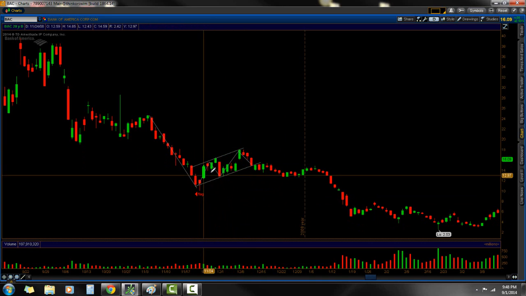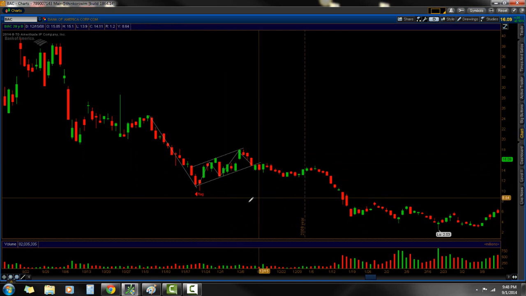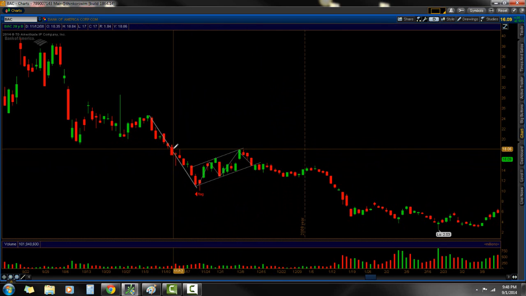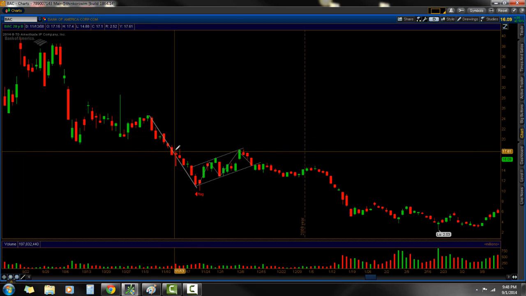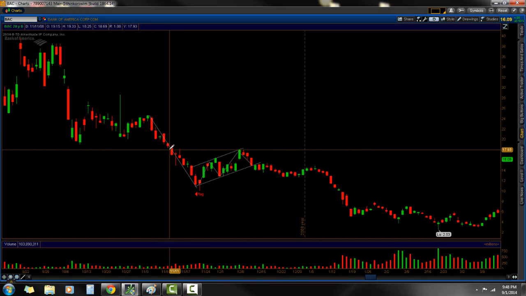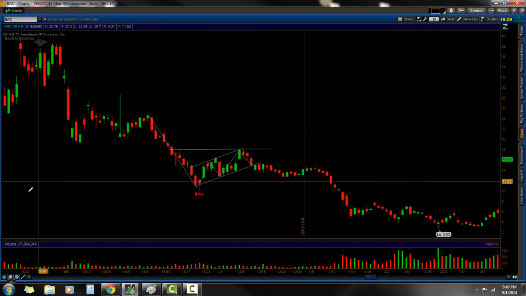A little too much black space, but see if we can fill that in with a better pattern. But this is pretty good. You got the right number of days, you got the right amount of time, you got the pullback here. Though it does pull back. If this is half, it pulls back to 50%, so it pulls back too far. So that's not going to be good. Let me find another one.